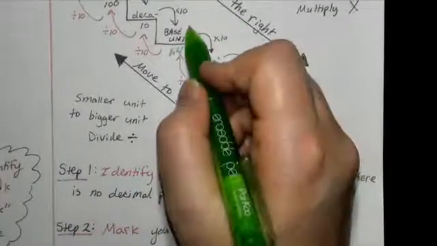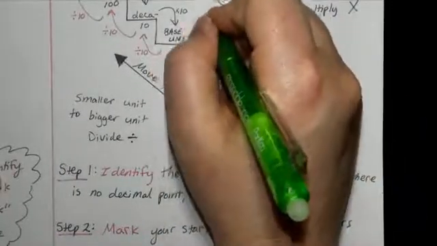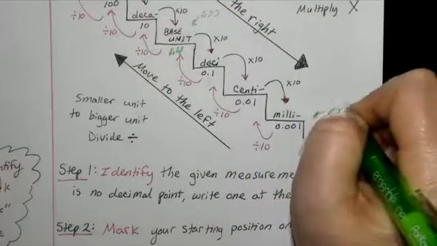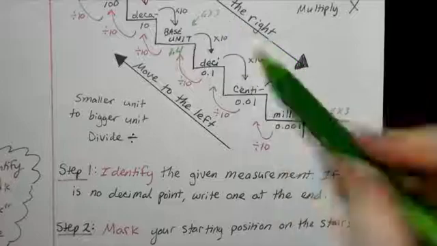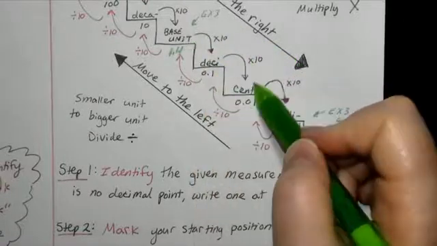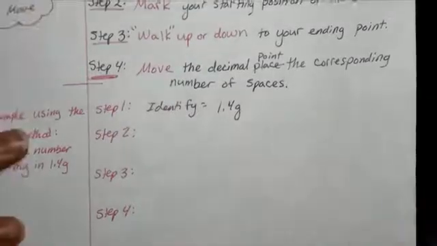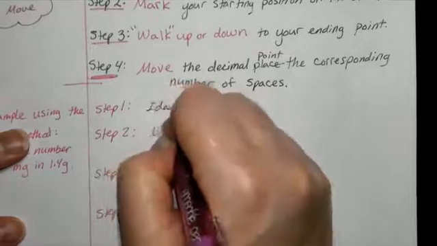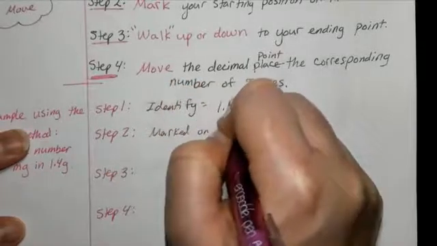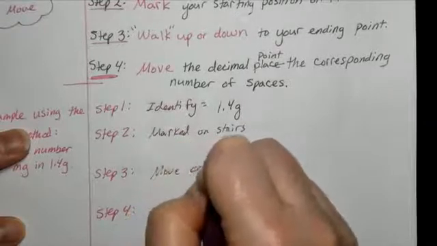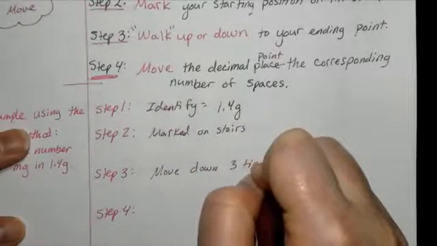I'm going from grams to milligrams, so I'm going to go down 1, 2, 3 times. Marked on stairs, move down 3 times.